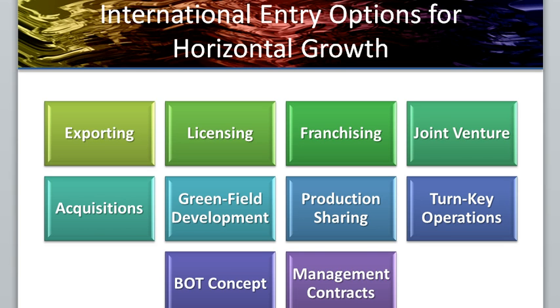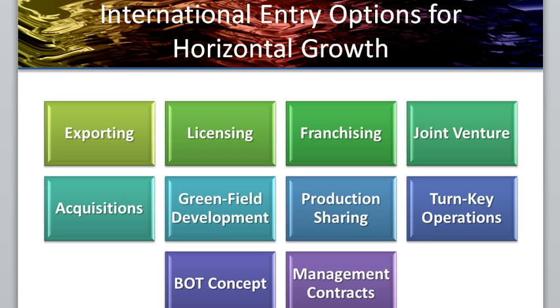But joint ventures are when two companies come together, maybe a foreign company and a domestic company, and they put together a strategy to enter into a new country, maybe even make a new company. The expertise of both companies comes together, and the firm is hosted in the new country.